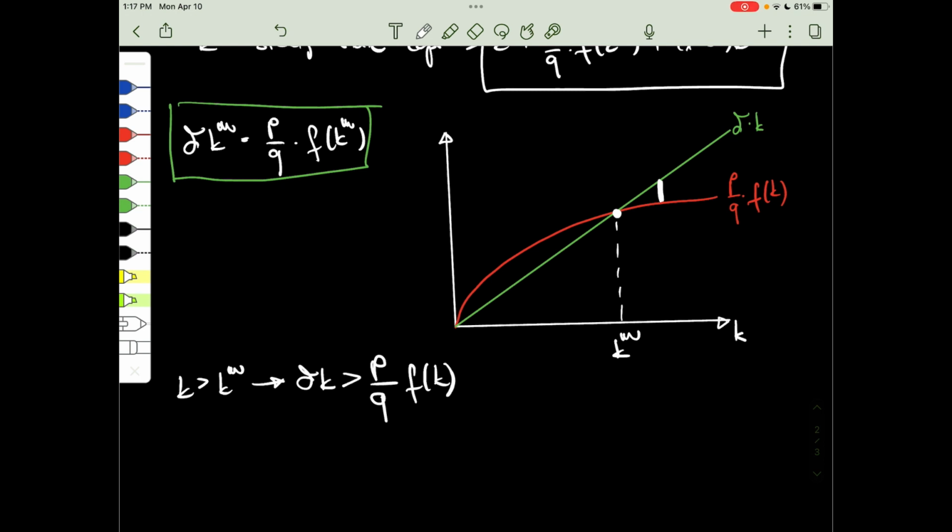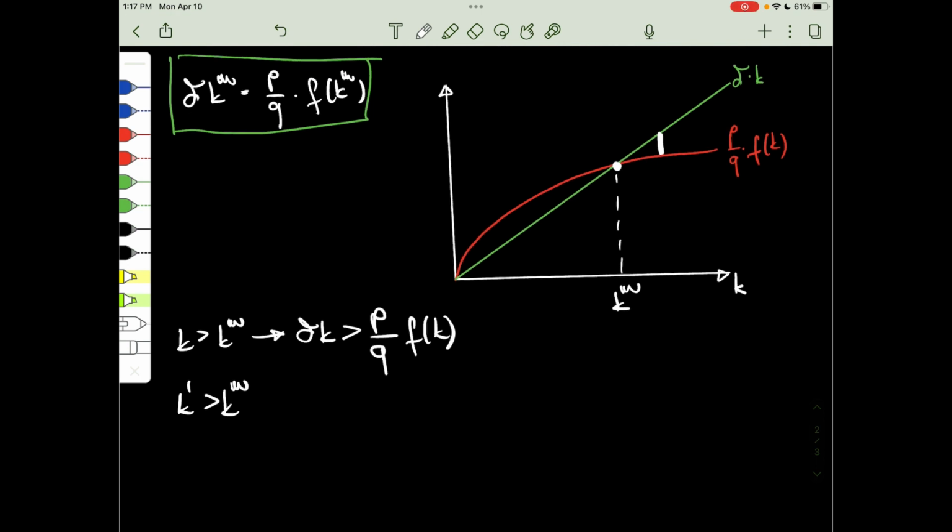So actually, it is never optimal to choose a capital stock for next period, something like this. It is always irrational, it is always non-optimal, so we can rule out this option.